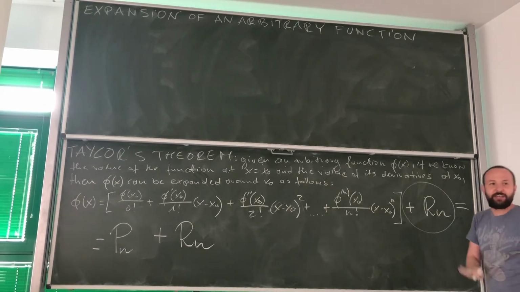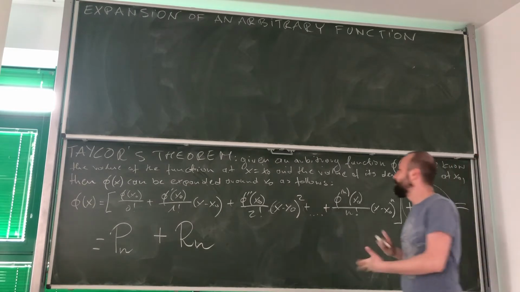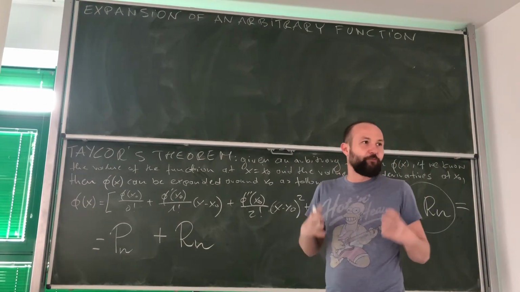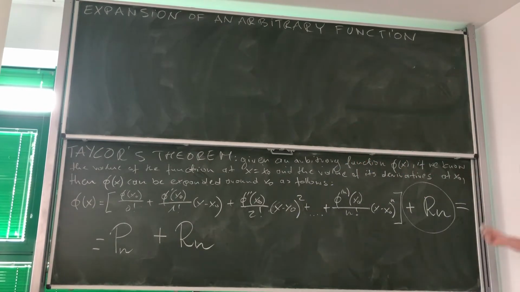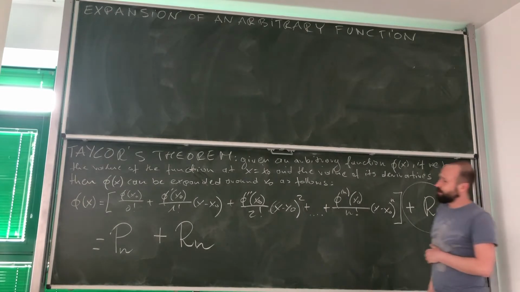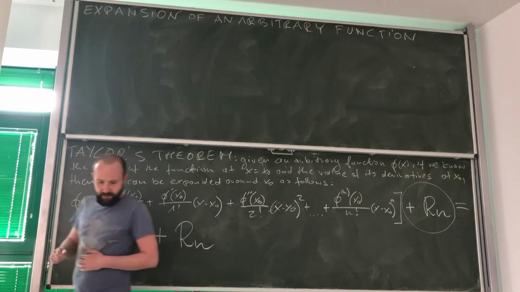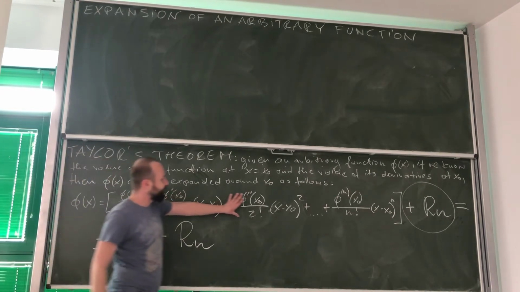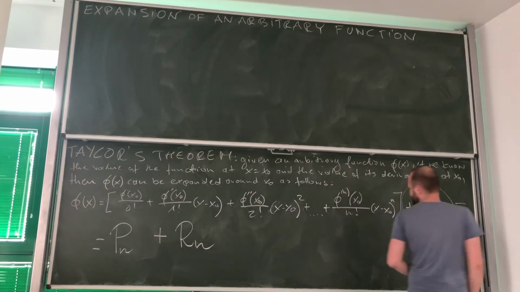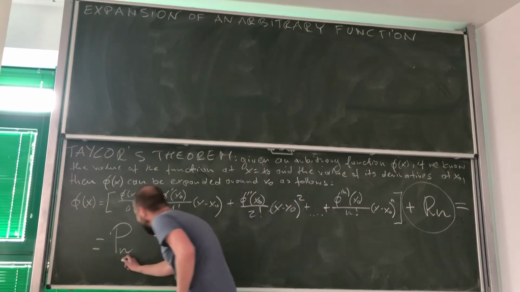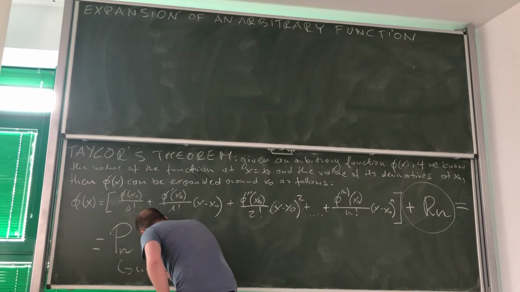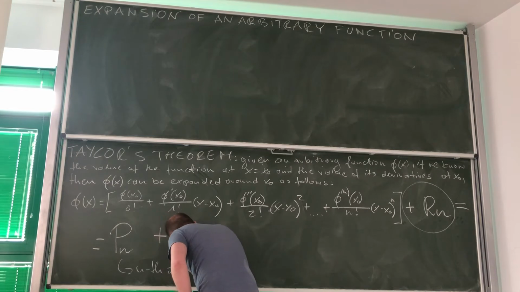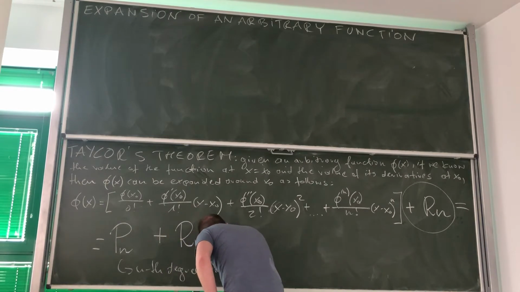Look, this situation can appear even in the context of polynomial functions. Why? Because let's look at what we've obtained over here. The expression that we're going to get from this is a polynomial, right? An nth degree polynomial.